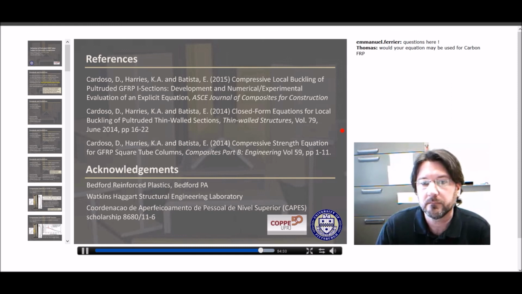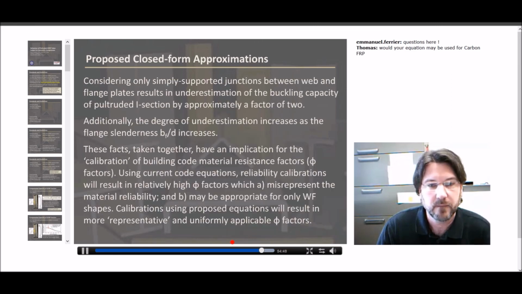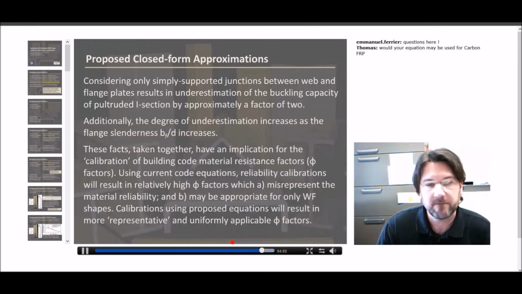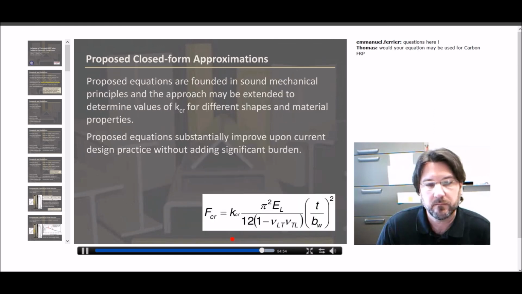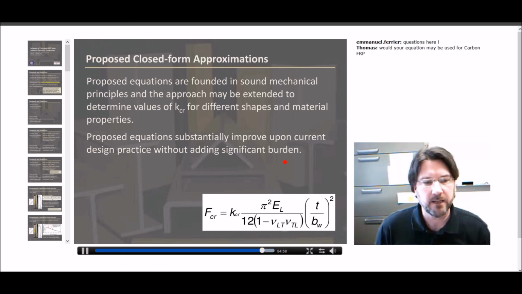Would the equations you propose maybe be used for carbon FRP? Is there any difference between carbon and glass in terms of mechanical behavior and buckling behavior?